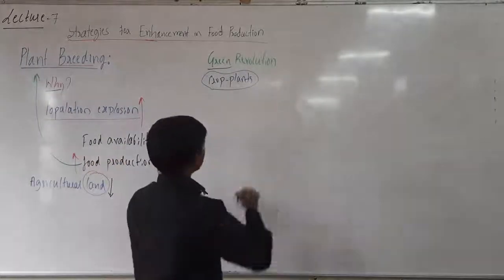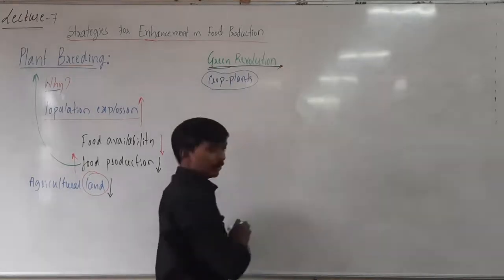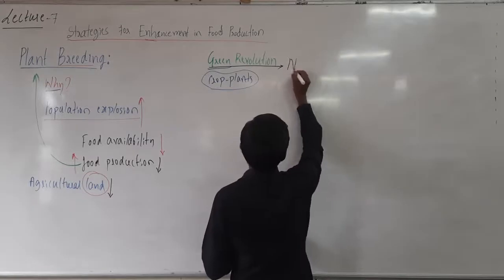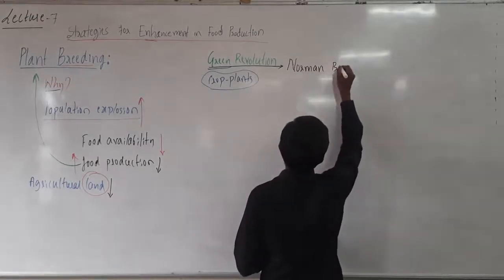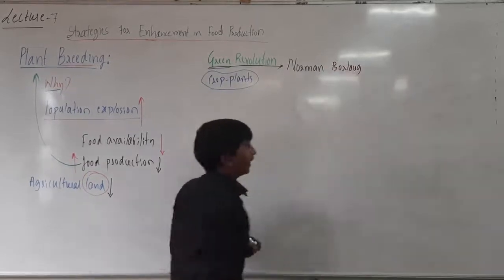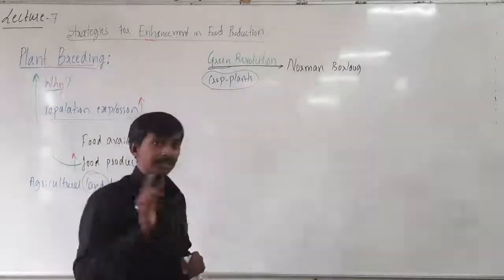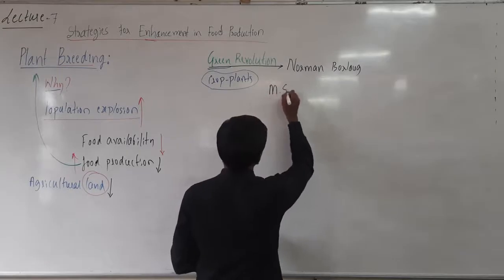Firstly, the Green Revolution was initiated by the environmentalist, botanist or biologist Norman Borlaug. And hope you remember the father of the Green Revolution in India, that is M.S. Swaminathan.